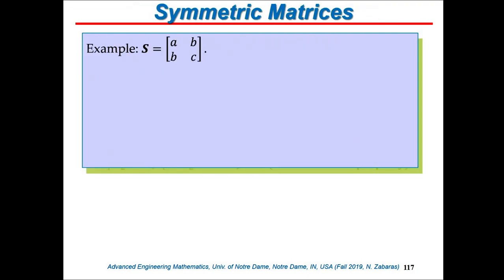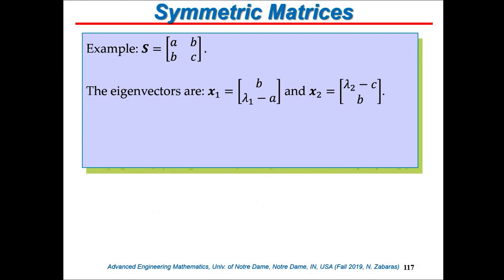All right, so that's for symmetric matrices, and here is another simple example that looks at things in an interesting way: a 2 by 2 matrix. It's a symmetric 2 by 2 matrix. You can show that the eigenvectors of this matrix are written in the form that you see here.